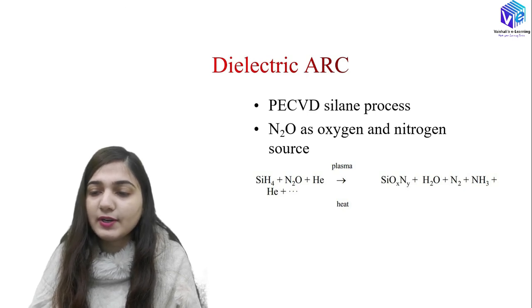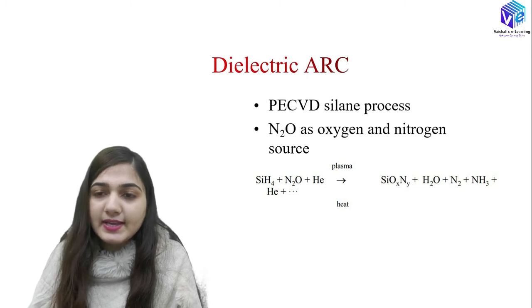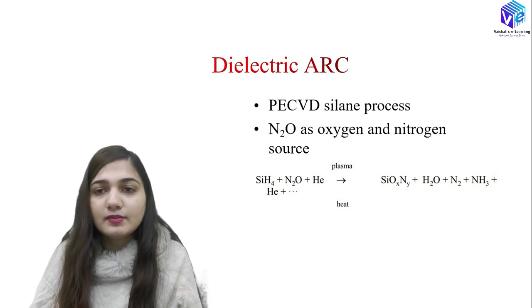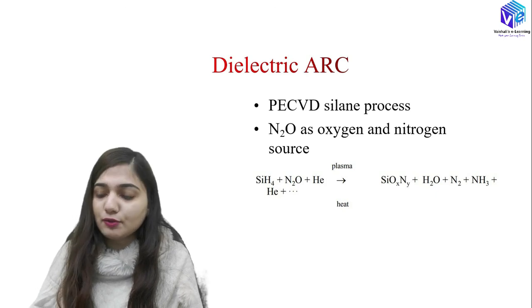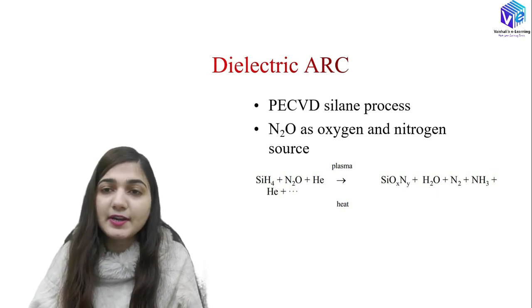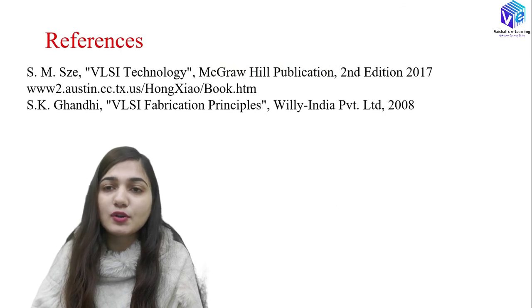After that we have some volatile compounds like H2O, N2, NH3 and helium. These are all the volatile compounds that are going to vaporize and eliminate from the surface of the chip. N2O is used as the oxygen and nitrogen source. The nitrous oxide is going to give me the oxygen.